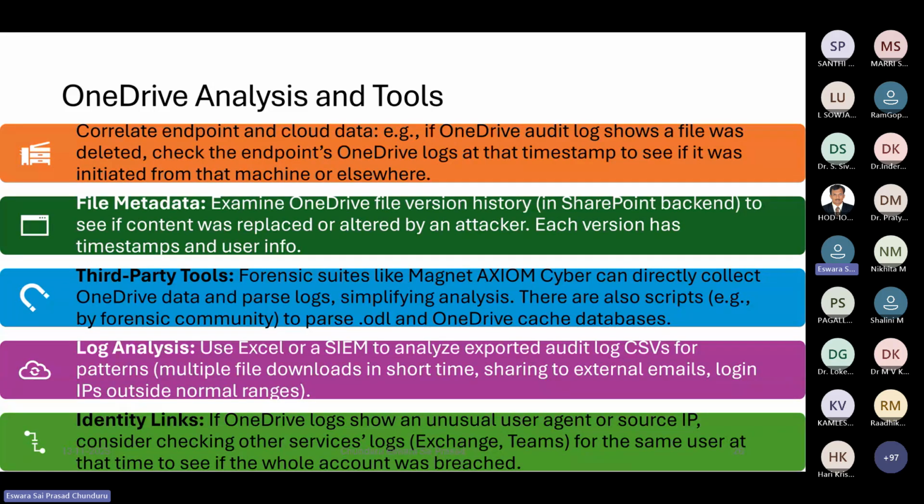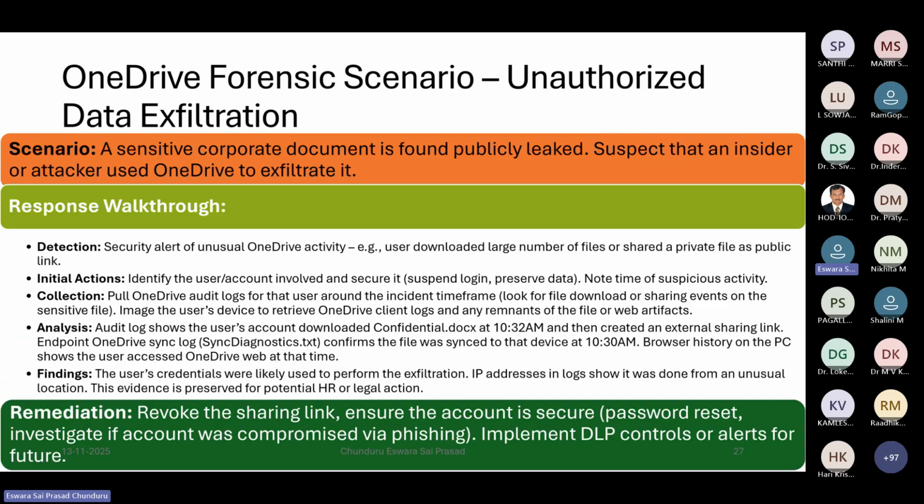Otherwise, you can use a SIEM-based platform for analyzing the unified logs for various patterns related to unusual activities. So these are various tools and scopes for conducting analysis related to OneDrive.